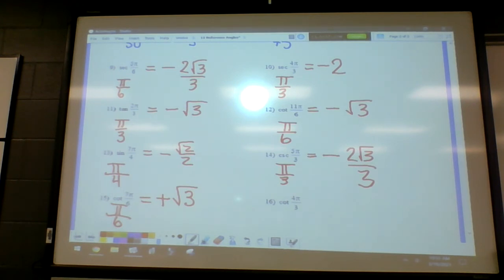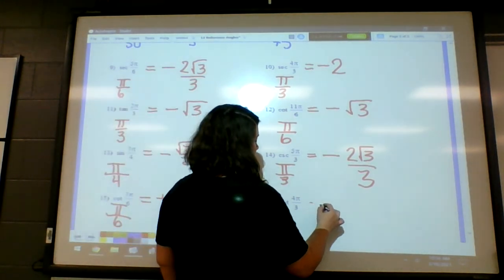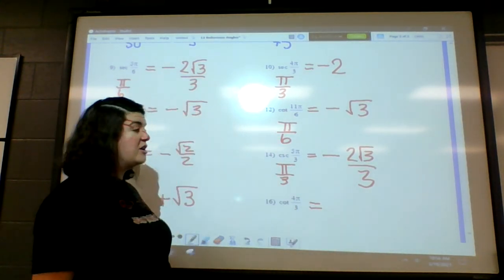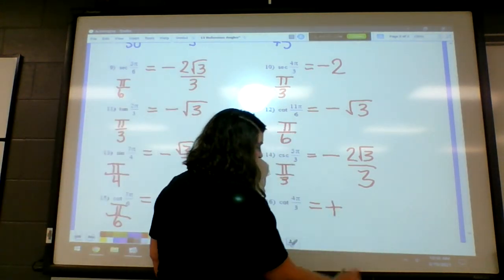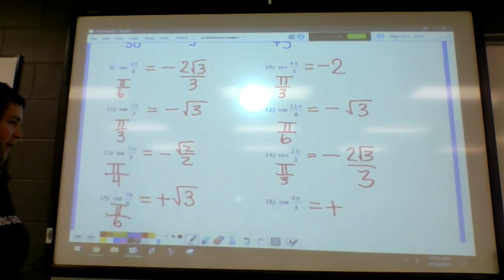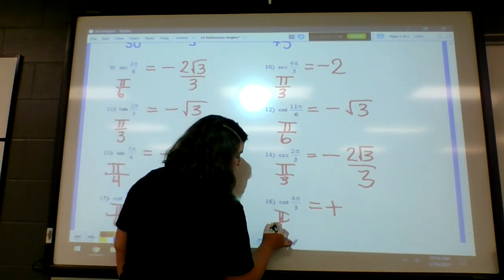And last but not least, cotangent of 4 pi over 3. 4 pi over 3 is in what quadrant? The third, and in the third quadrant, cotangent is positive, so you can put a little plus sign there, say, hey, I know it's positive. And your reference angle for 4 pi over 3 is going to be just pi over 3.